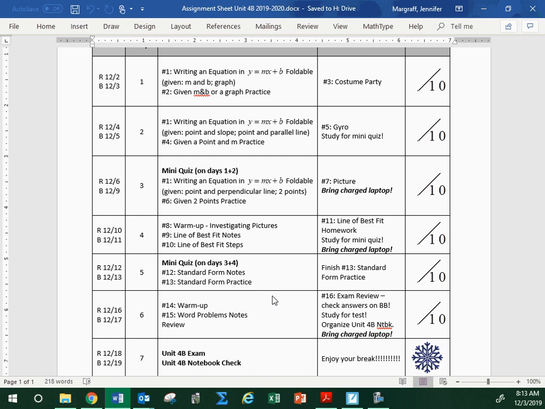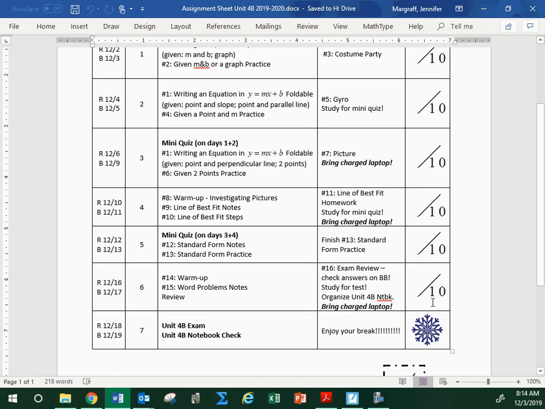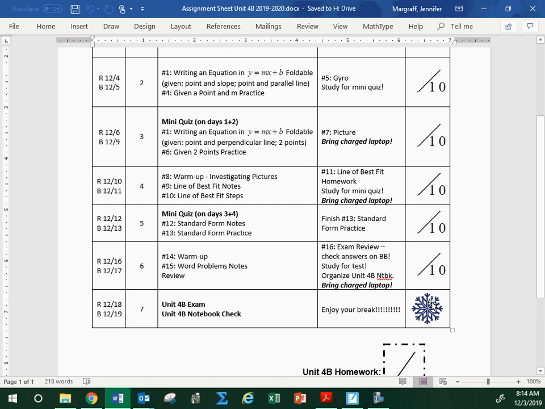Desmos is a program that's kind of like an online graphing calculator, so we're going to use that to do line of best fit. The 20th is your last day. Okay, so just make sure you bring your laptop for those days, because we will be using Desmos, and it's a lot easier to do it on Desmos than it is on the graphing calculator.